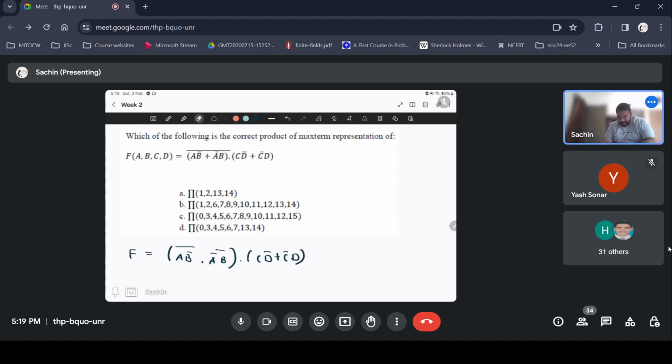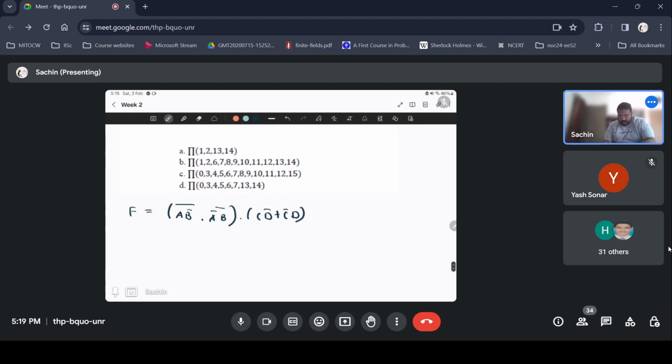Now again, we use De Morgan's law again. So it's of the form (xy) complement, which is nothing but x complement plus y complement. So this is nothing but (A bar plus B) and (A plus B bar) and (C D bar plus C bar D).